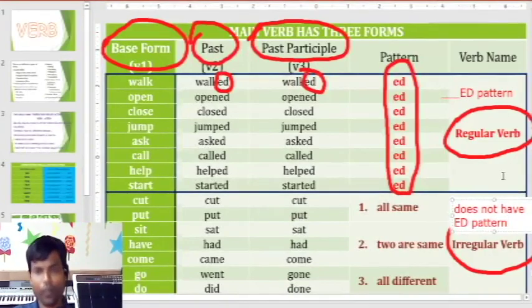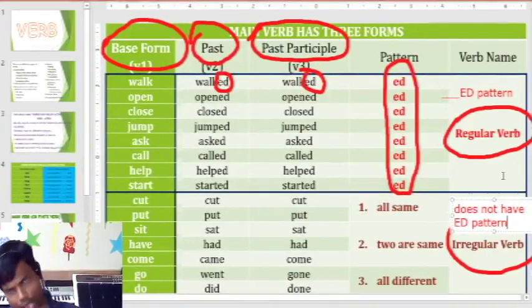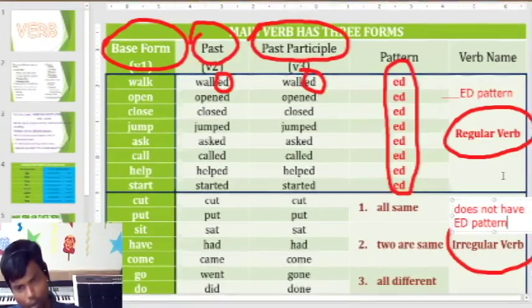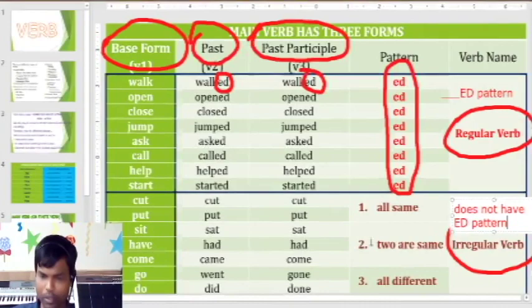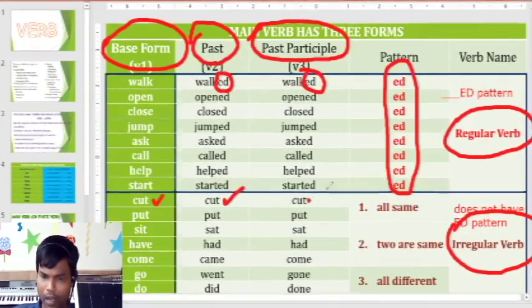Okay, now if it does not have ed pattern, then how do we frame past and past participle? Very simple, we will see that again. Cut, cut, cut, put, put, put.